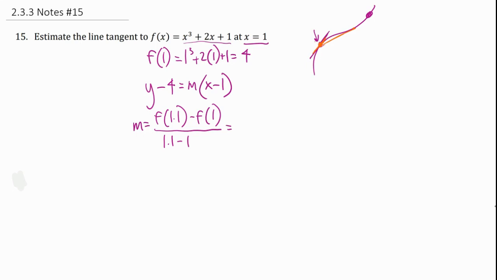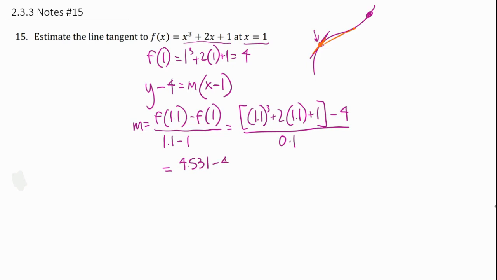I'm actually going to show this work just to make it really clear what I'm doing. 1.1 cubed plus 2 times 1.1 plus 1 minus f of 1, which we already figured out was 4, over 1.1 minus 1, which is 0.1. So when I plug in 1.1 to the function, I get 4.531. I subtract 4, and I divide by 0.1, which is 0.531 over 0.1, which of course is 5.31.